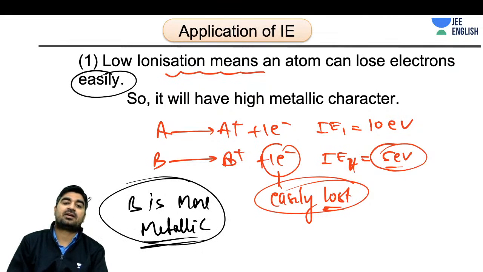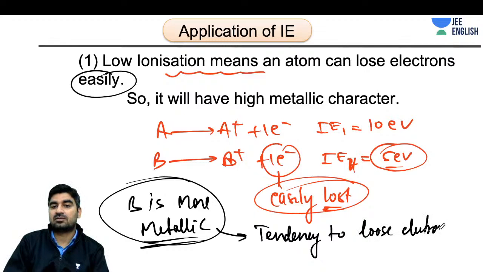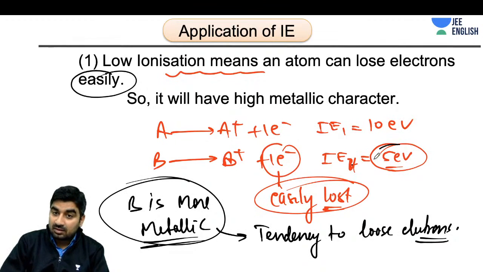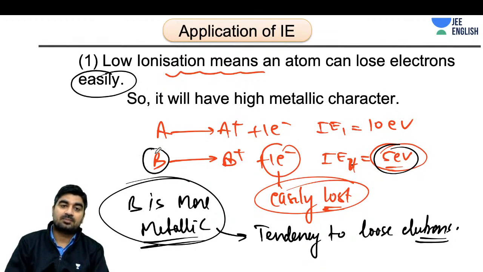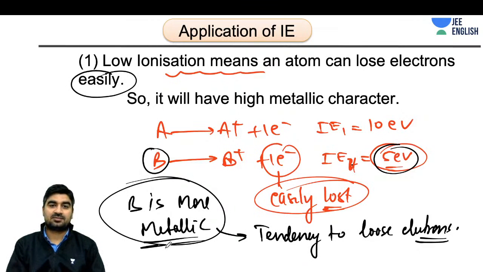Because what is metallic character here? Metallic character means the tendency to lose electrons. If something can lose an electron easily, I will say that is more metallic. And if it is losing an electron, oxidation of it is taking place.